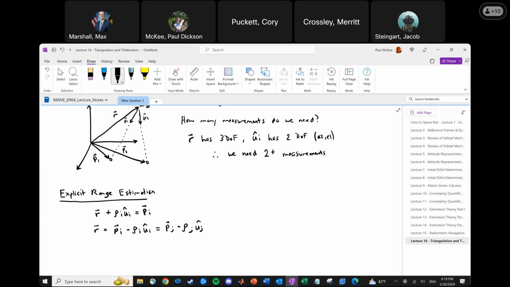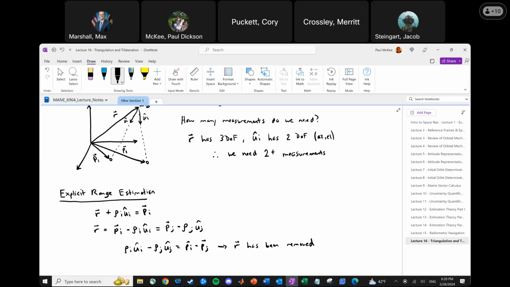Okay, but that means that we can just ignore R altogether, and we could say, then, after a little bit of rearranging, rho_i u_i minus rho_j u_j is equal to p_i minus p_j. So observer position R has been removed. Not part of the problem anymore.